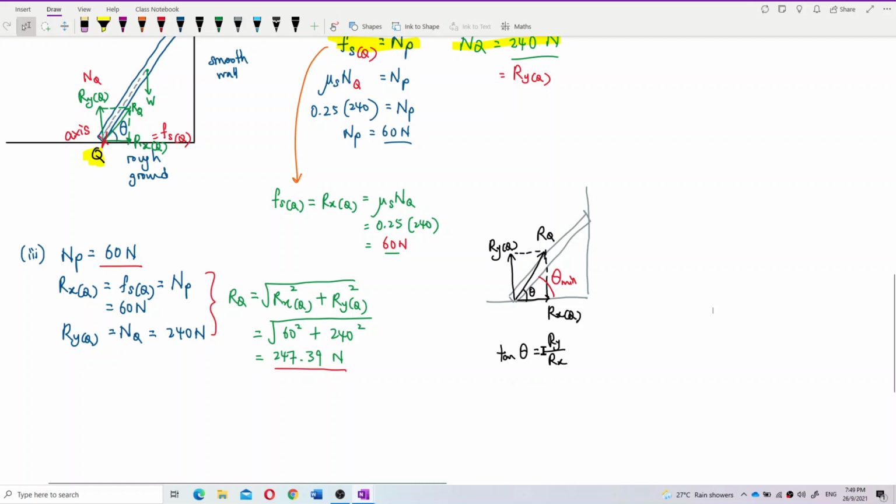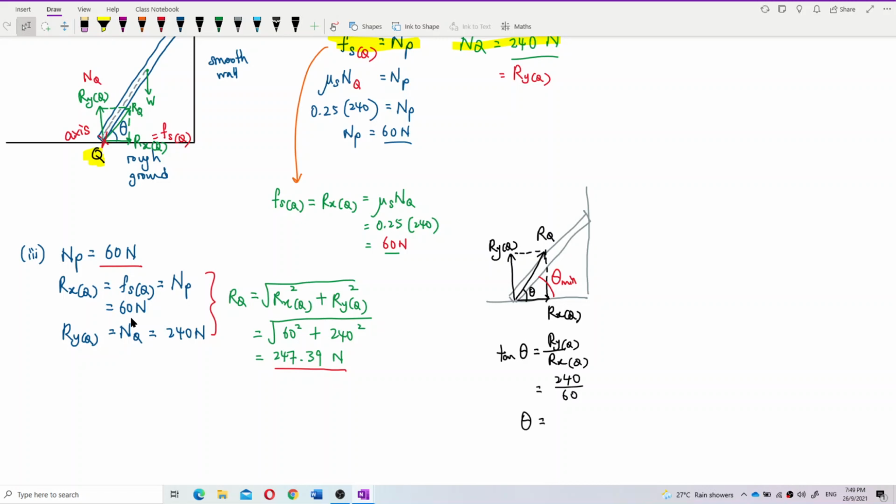So use tangent theta. Use Ry over Rx. Ryq is 240 divided by the Rxq, so 240 over 60. And then we anti-tangent. Don't forget to anti-tangent.